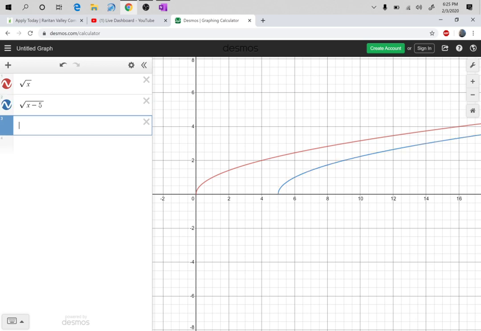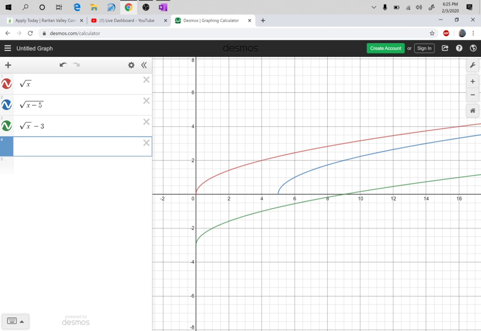Next function, SQRT x, then you push the arrow to escape the square root, and you say minus 3. The green color corresponds to the green graph, and you see that it went 3 units down because it starts at -3, which is between -2 and -4.